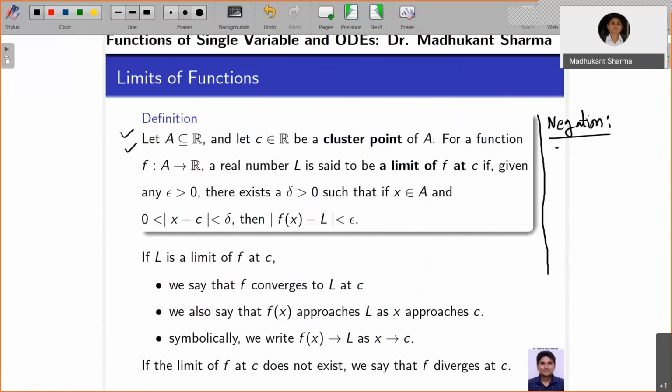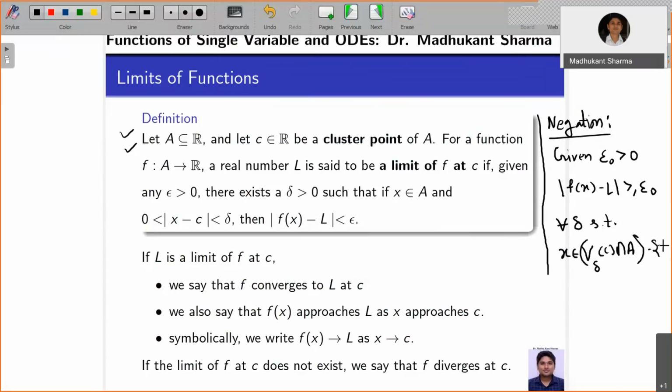For some given epsilon naught greater than 0, there does not exist delta greater than 0 such that this condition is satisfied. That means, given epsilon naught bigger than 0, mod of f of x minus L is greater than or equal to epsilon naught for all delta, such that x belongs to B delta of c intersection with A minus singleton c.